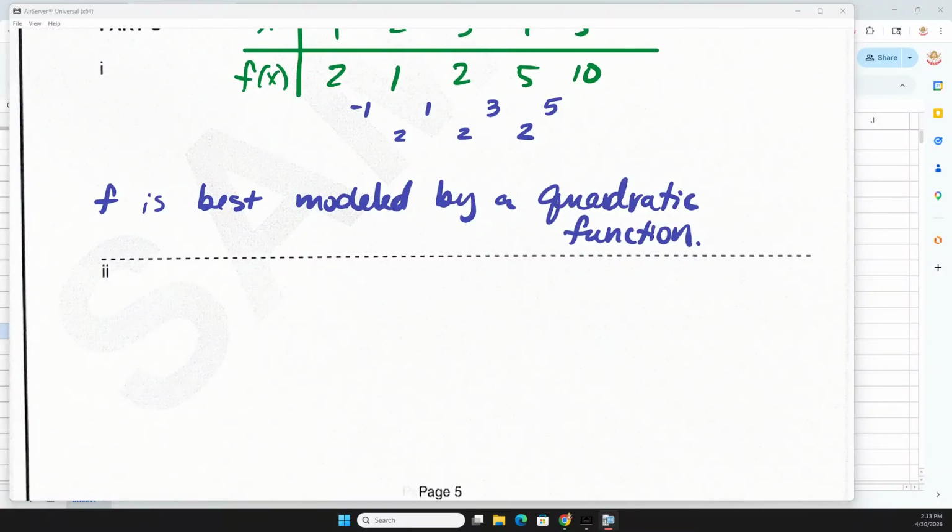So we're going to give the reason based on the relationship between the change in output values of f and the change in input values of f. All right, so I'm going to start with output this time.